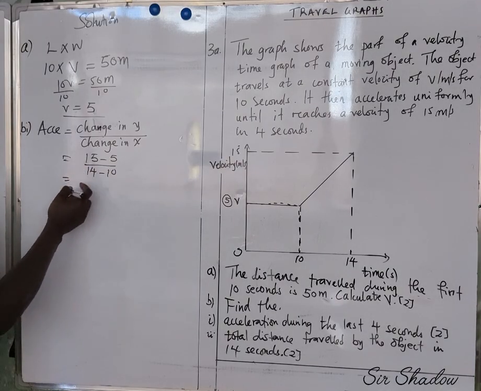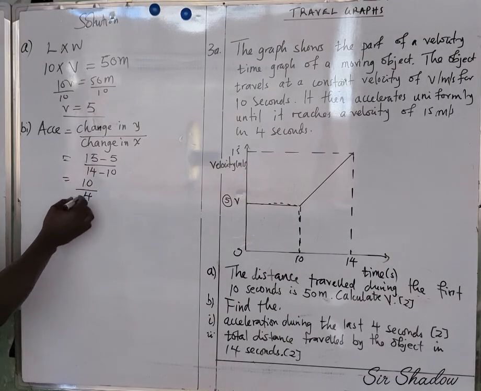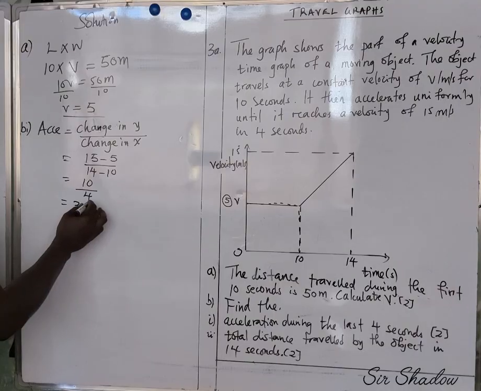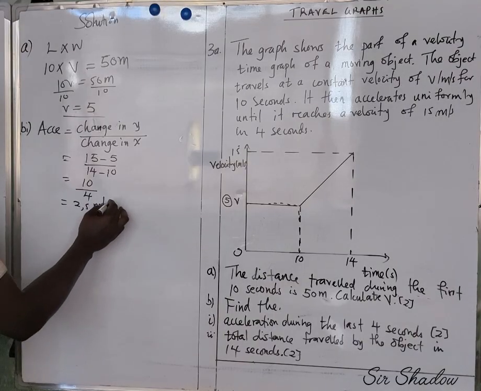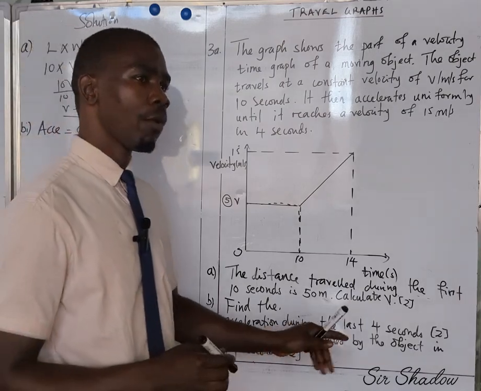This becomes 15 minus 5, we get 10, over 14 minus 4, you get 4. This becomes 2.5 meters per second squared. That's what's called the acceleration for the last 4 seconds.